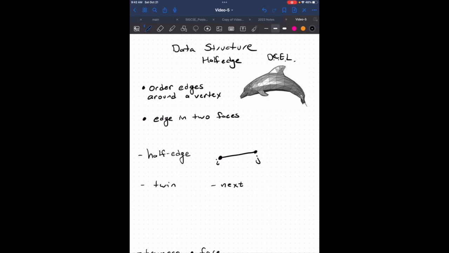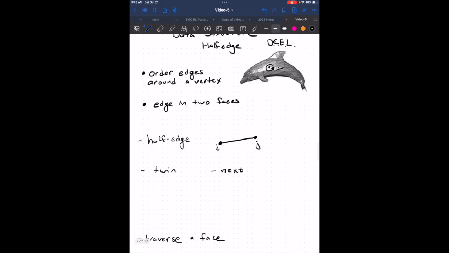And we have to exploit some nice facts. Since we're in a surface, we know that we have this nice order around a vertex. So we don't have edges just pointing out everywhere. We can cyclically traverse around a vertex. And each edge is incident to 2 faces at most, unless we have a boundary. And so we're going to use those 2 facts to help guide us in this data structure.